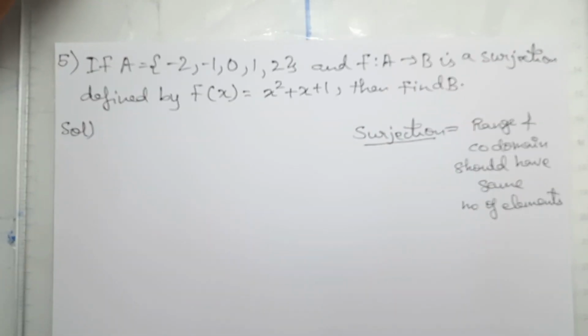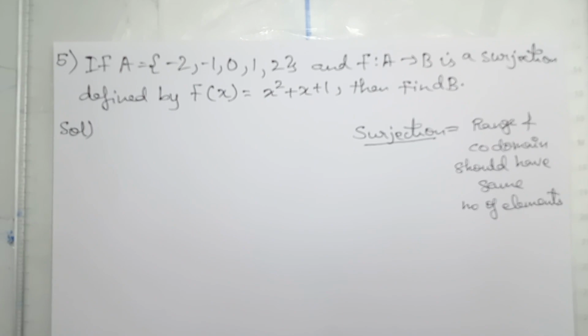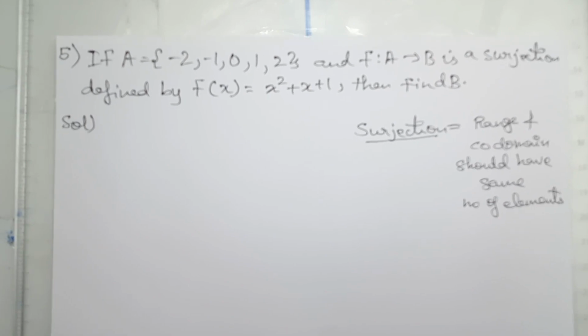Going to solve the fifth question, that is if A is equals to -2, -1, 0, 1, 2 and f maps A to B is a surjection defined by f of x is equals to x square plus x plus 1, then find B. Firstly, I want to remind you what is surjection.